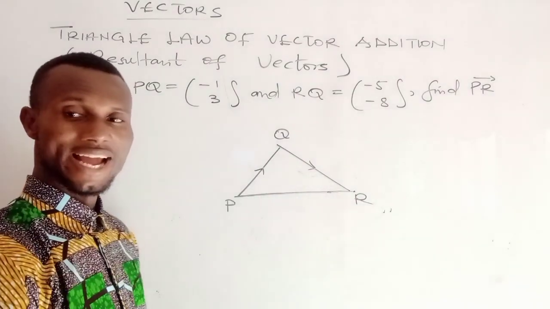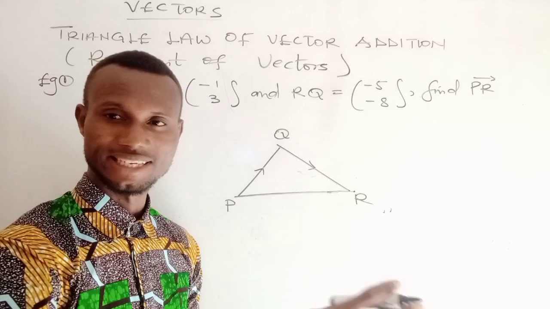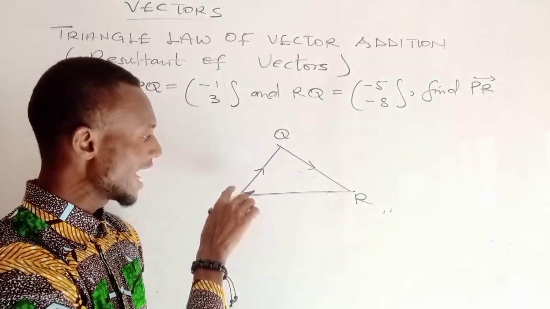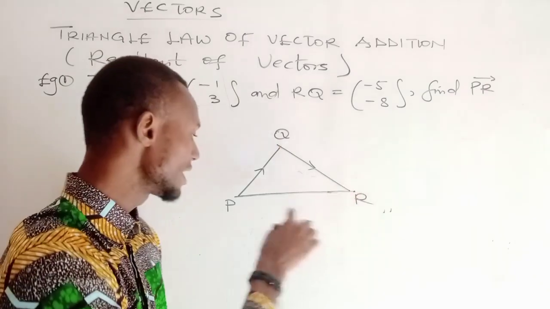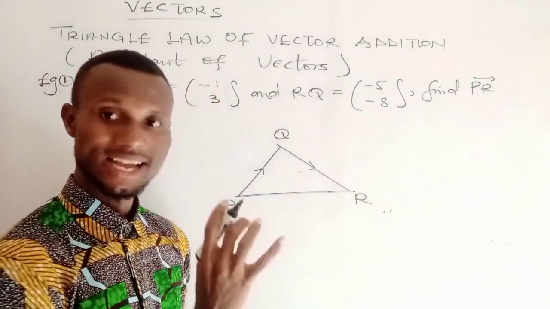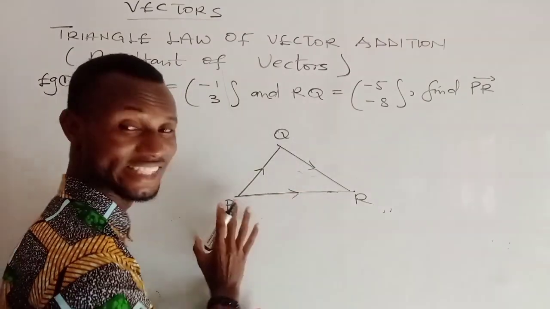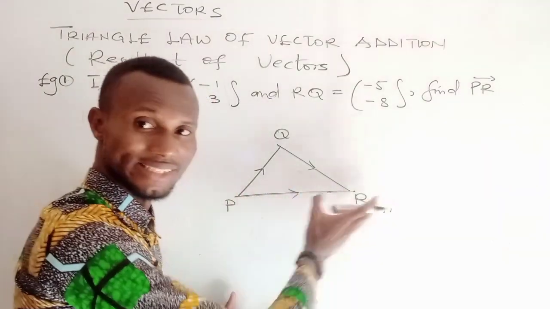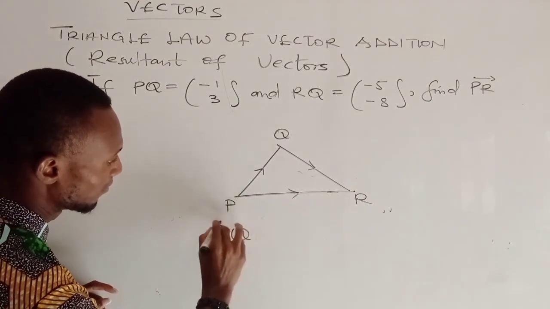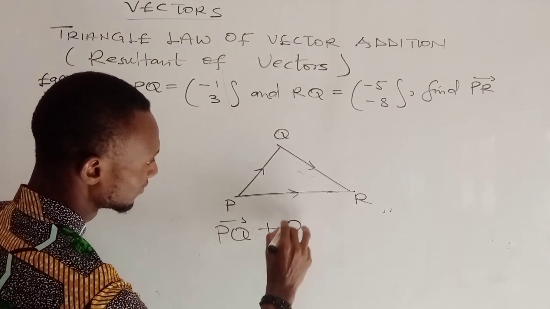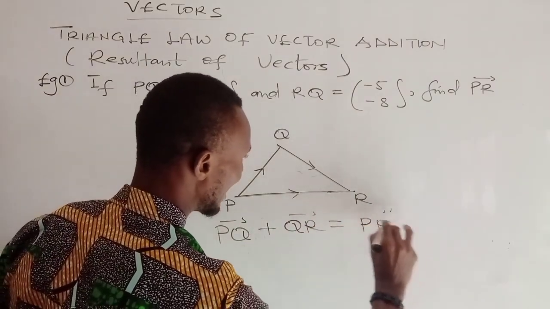Now, the triangle law of vector addition says that when I add PQ to QR, it should give me PR. That's the law. So for me to get my vector PR, which is the base side of the triangle, it should be the addition of the vector PQ plus QR, and that will give me the PR.